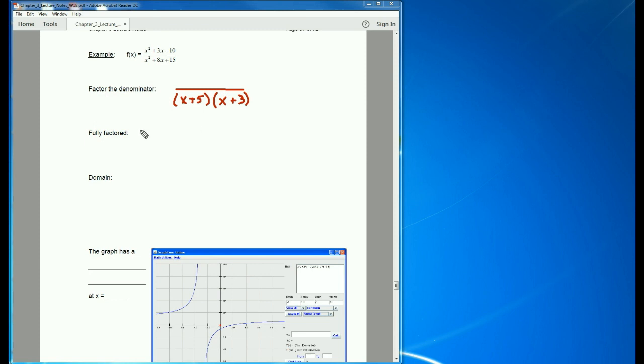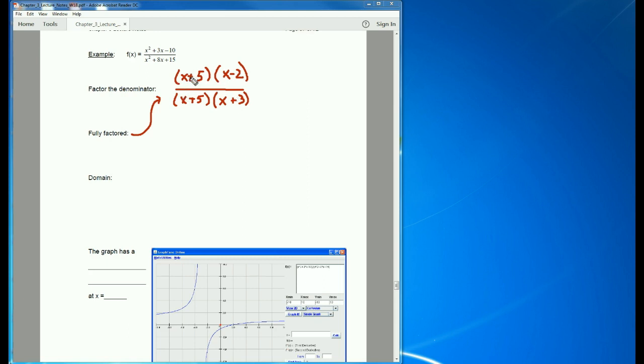Let me just write this up here so I don't have to recopy it. So now I'm going to show you the fully factored form where I also factored the numerator, which factors as x plus 5 times x minus 2. All right, so that is the function in fully factored form.